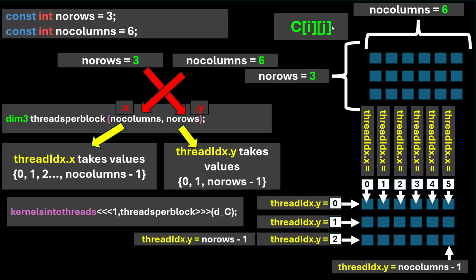And also we said that in matrix multiplication or any other problem that we use, CIJ, or element of the result matrix, is in relation somehow with the threads and their indexes.